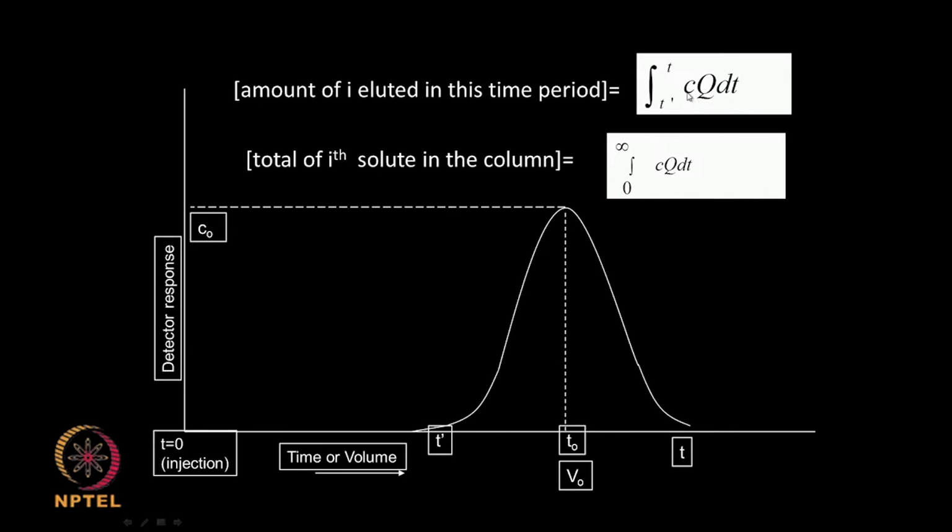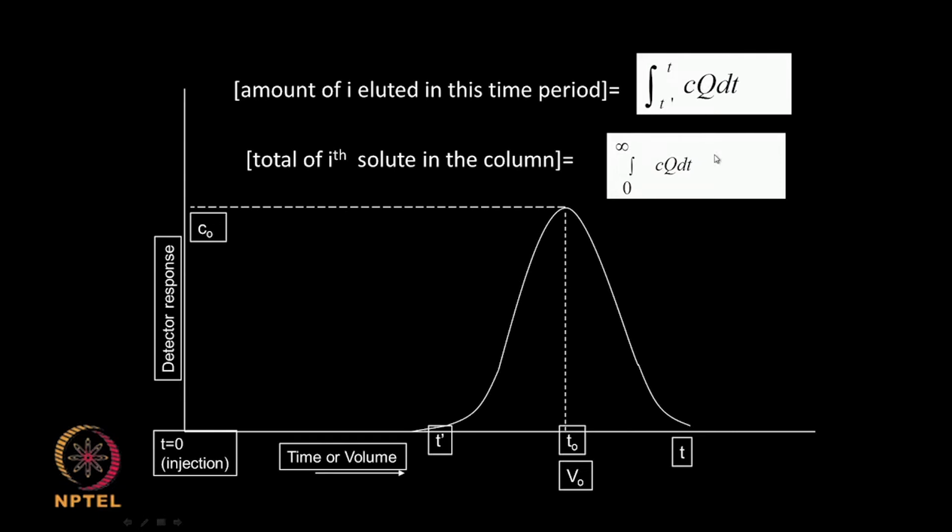C is the concentration, Q is the flow rate, and the time is between the two limits of t dash and t. Whereas, if I am going to collect from 0 to infinity, then the same equation will appear with two different limits, 0 to infinity. So, obviously, the yield will be this divided by this.